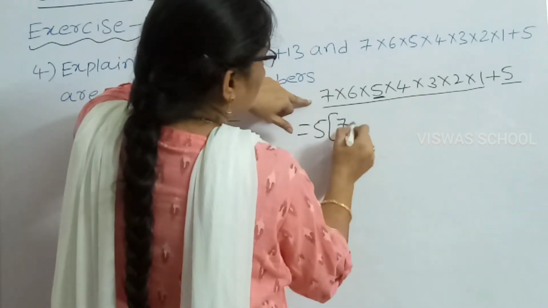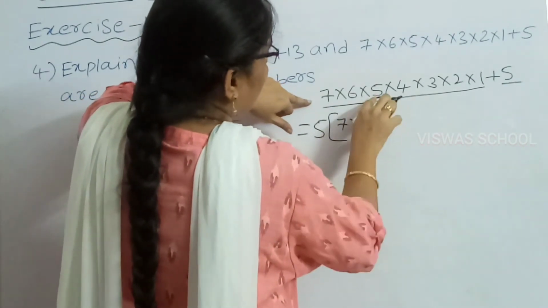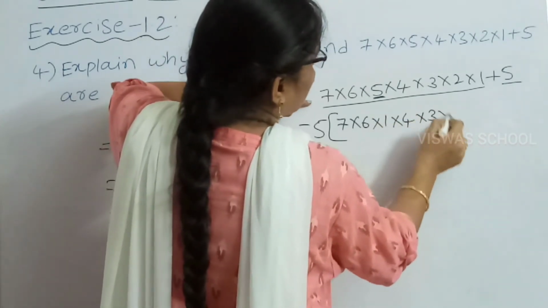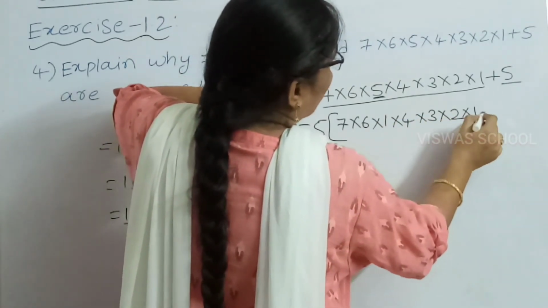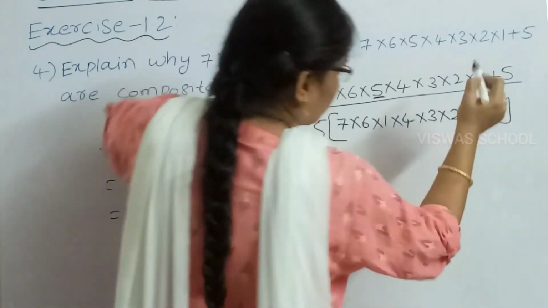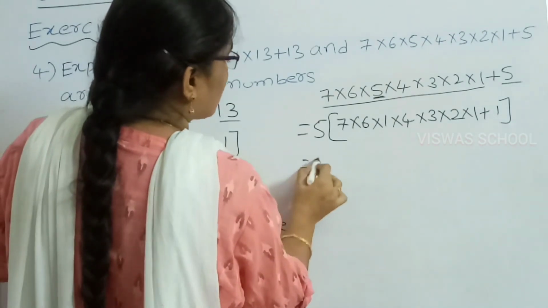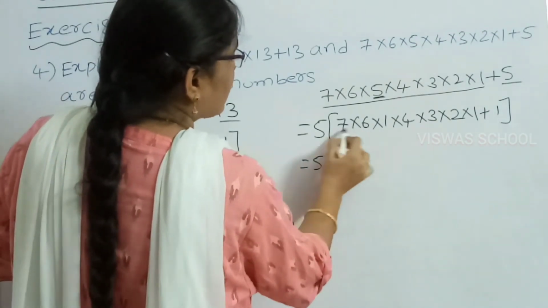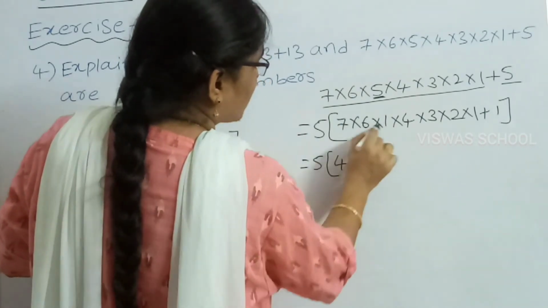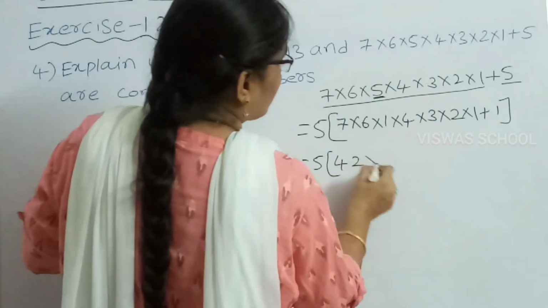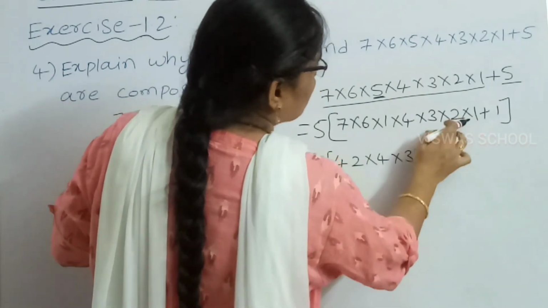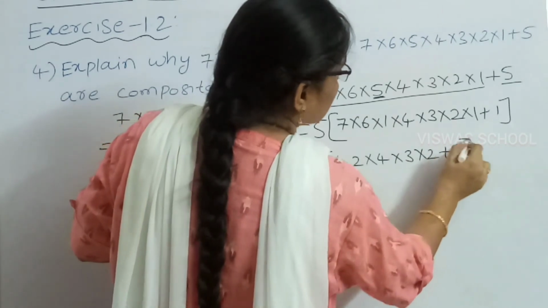Here 7 into 6 into 4 into 3 into 2 into 1, plus, and here also 5 is common, so the remaining is 1. Now it equals 5 into 7 into 6, which is 42, into 4 into 3 into 2, here 2 into 1 is 2. And now it is plus 1.